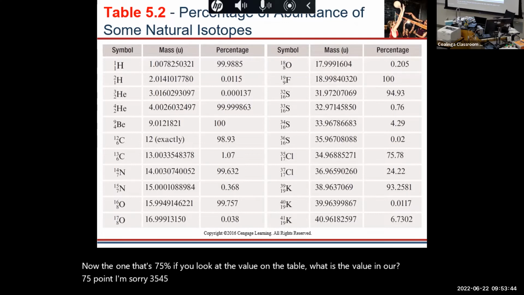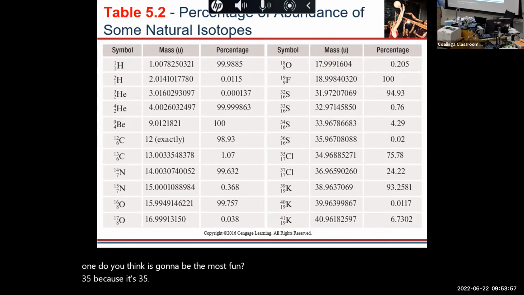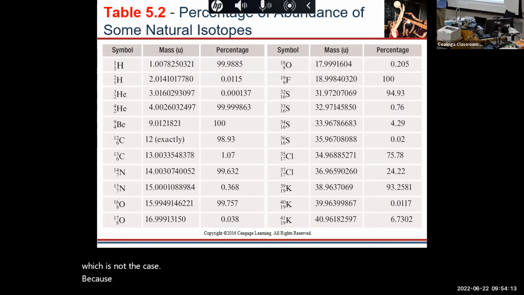So we know that one isotope is 35, one isotope is 37. Which one do you think is going to be the most abundant? 35, because it's 35.45. So the one that we assume to be the most abundant is going to be the 35, because that value is really close to 35.